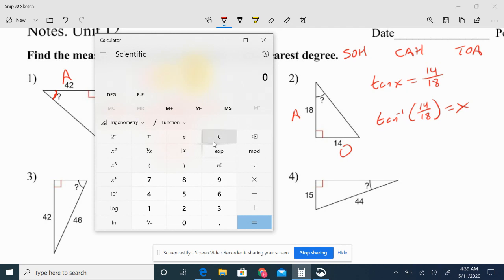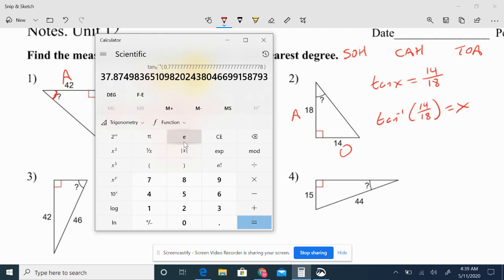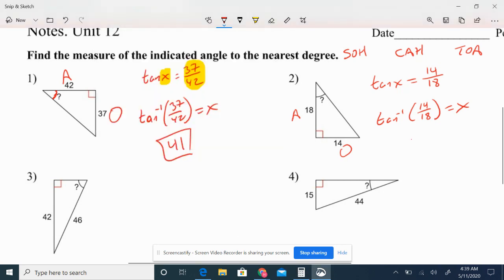In my case, I had to do the fraction first. So 14 divided by 18 gives me a decimal. Then I'm just going to go second tangent inverse, and it gives me 37.8. Since I'm going to the nearest whole number, the nearest whole number here happens to be 38. Remember I said to the nearest degree, so I'm going to the nearest whole number.